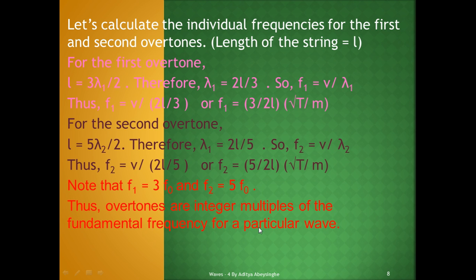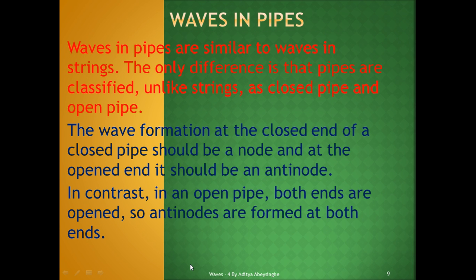The overtones for any waveform will be integer multiples as follows. Now these integer multiples 3 and 5 may change when you are plugged in at some distance away from the middle. However, you can take that you have integer multiples of the fundamental frequency for any wave. So that's it about the waves in strings.